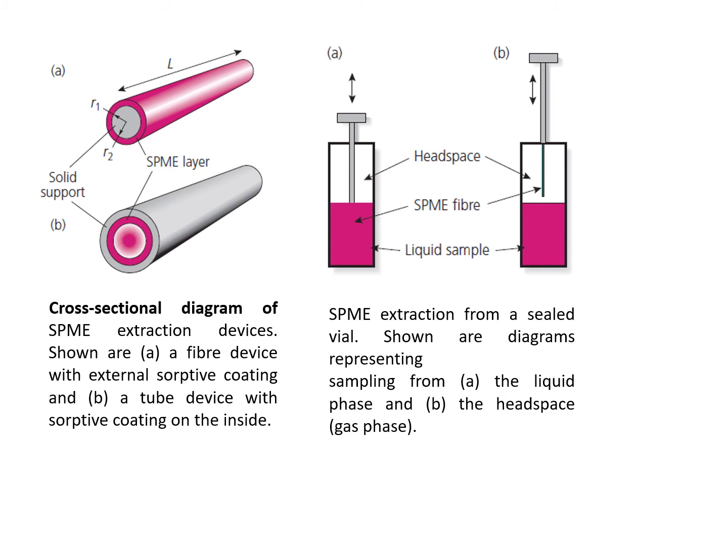The cross-sectional diagram of the SPME device is shown here, and the SPME extraction from a sealed vial is shown in the diagram. The diagram shows sampling of the liquid sample, and B is the headspace, the gas phase. So this is an example of how the extraction is carried out, class, by using the SPME fibers.